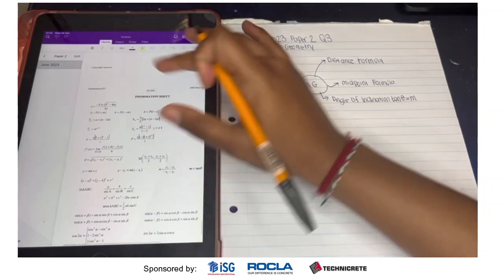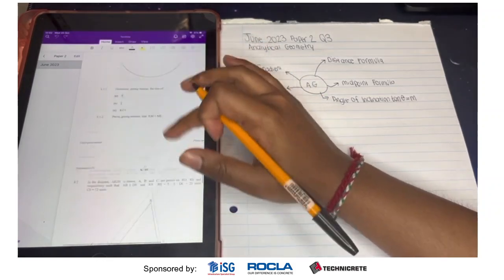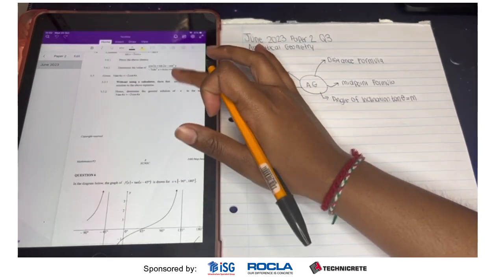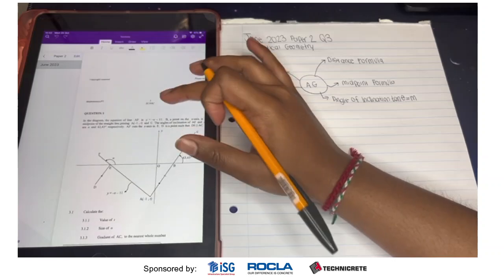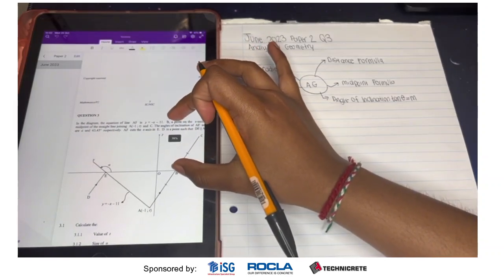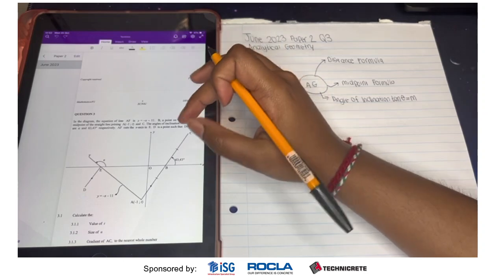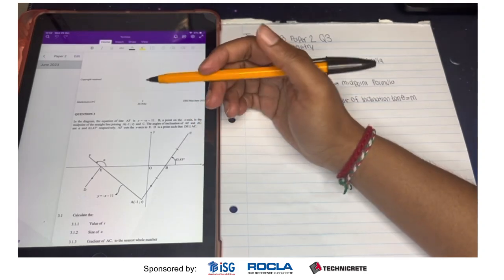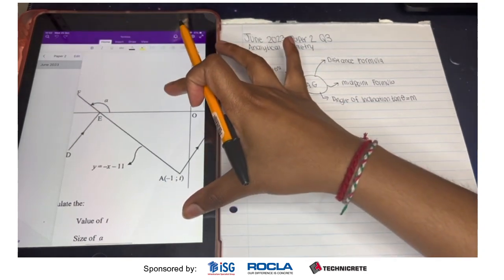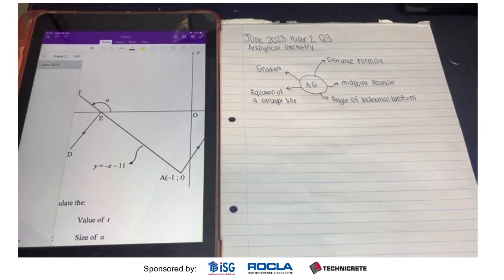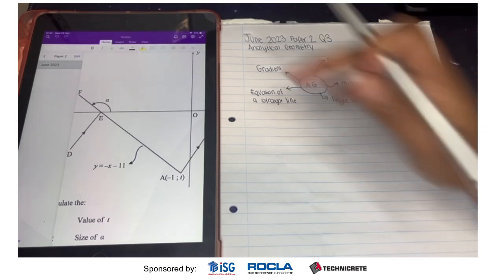Okay, let's go back up to our question, which is question 3. In question 3, it says here in the diagram, the equation AF is y is equal to minus x minus 3.